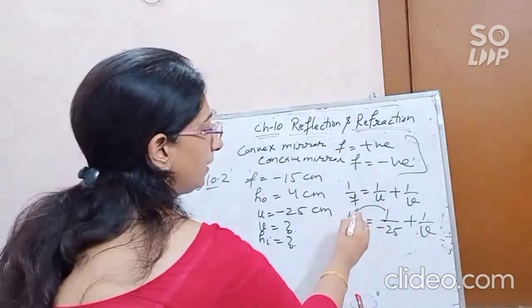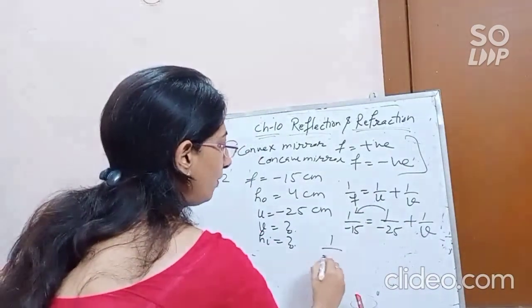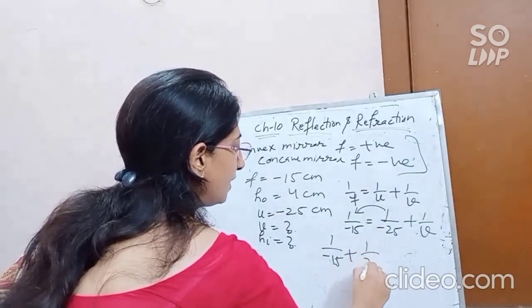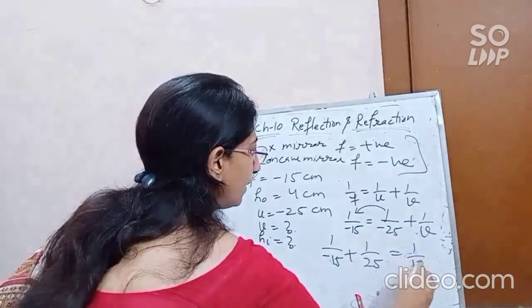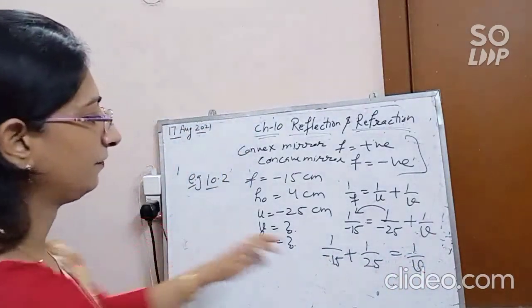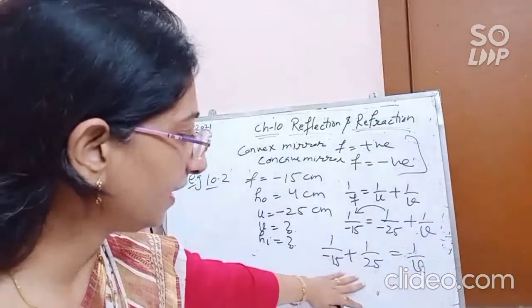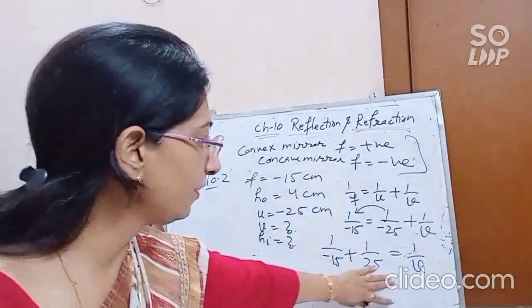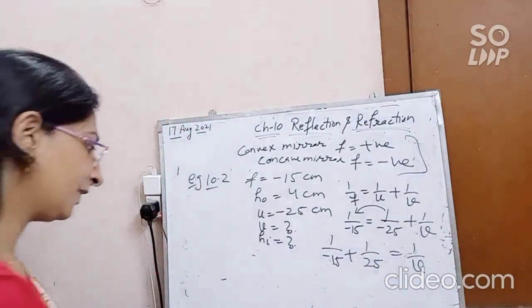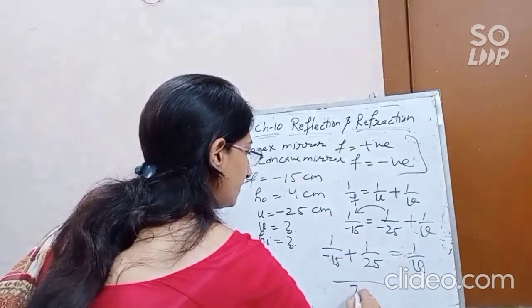Again we have to take 1 upon minus 15 plus 1 upon 25 equal to 1 upon V. When we solve this after taking the LCM of 15 and 25, 75 is the LCM.